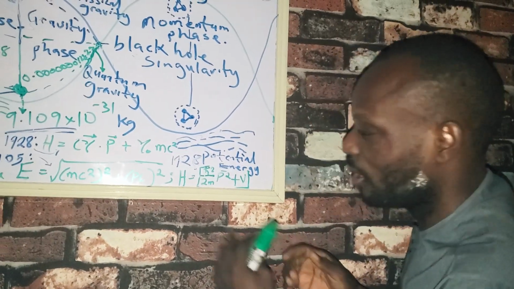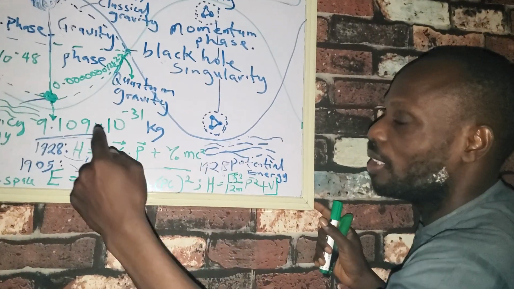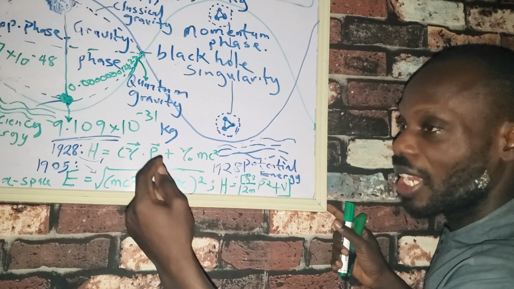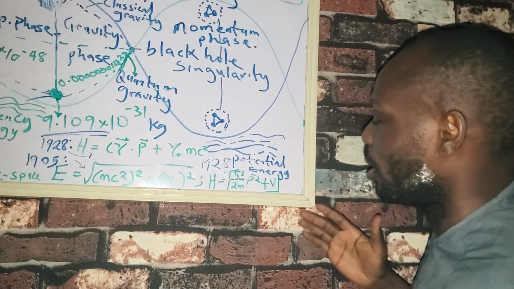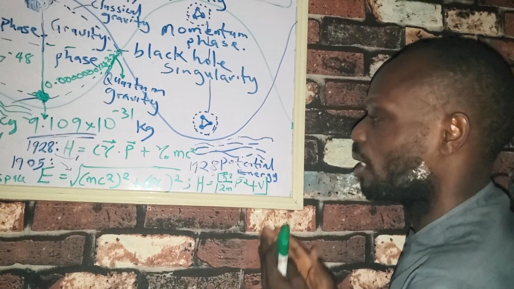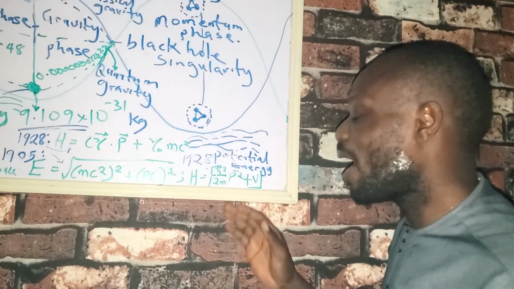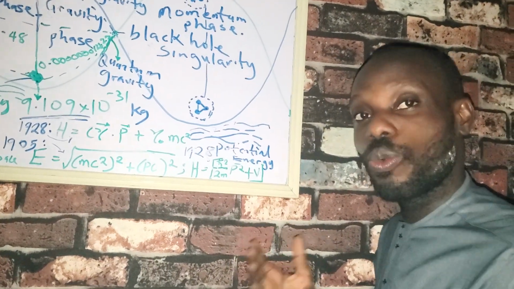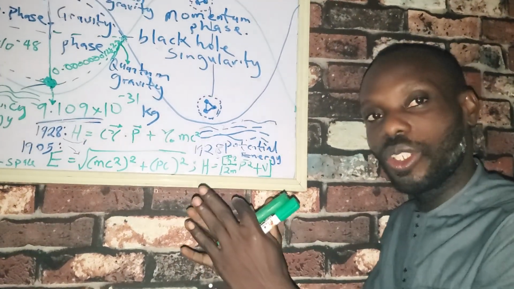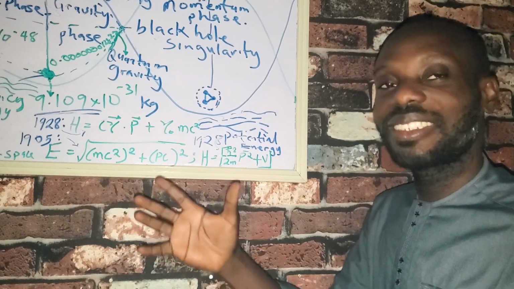But there is something he did in the equation: he made the derivative of time first order, while the derivative of space is second order.